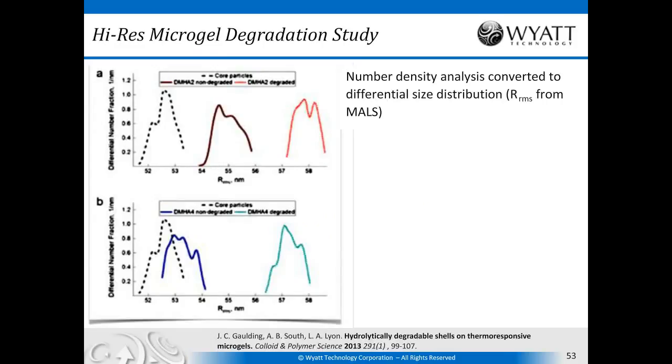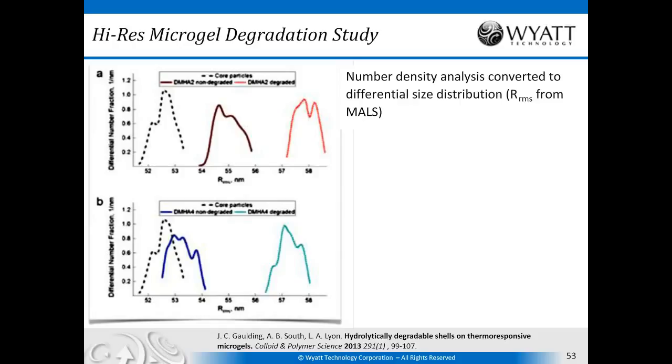And in this example, we took that same core shell microgel, and this would be the core, and took those number distributions, differential size distributions. So the core is about 53 nanometers in size. The non-degraded shell is about 55 nanometers in size, and the degraded shell here is about 58 nanometers in size. And so you can see these very small shifts, but they're very clear and very accurate.